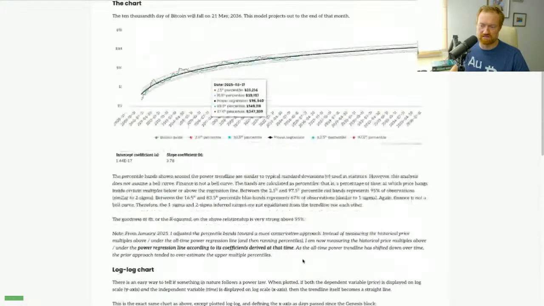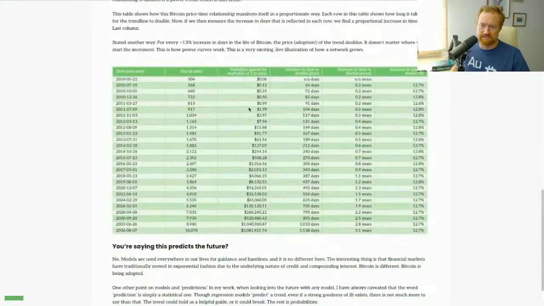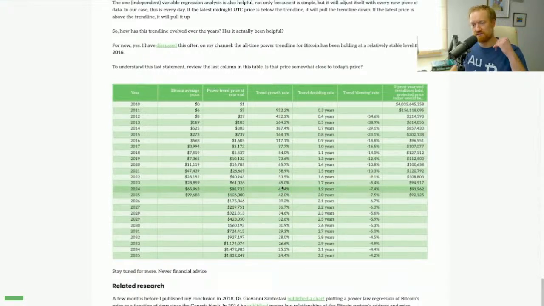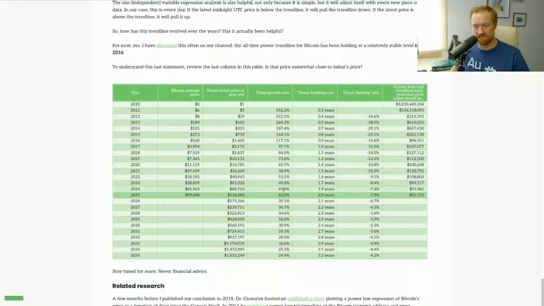You can see the same things that I'm showing you, basically. Some trend lines, log, and then the tables will really show you in hard data how things look. If you go down to this table, you see the actual compound growth rate that we're running at. For Bitcoin, moving into 2025, we've gone from 45% per year compounded down to, by the end of this year, 42% per year compounded. But a very slow decline.